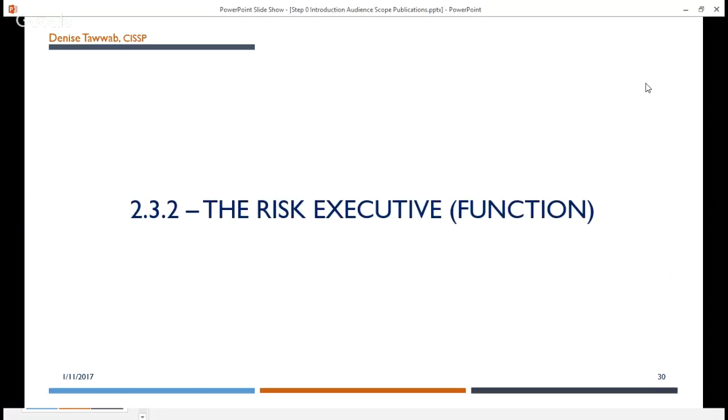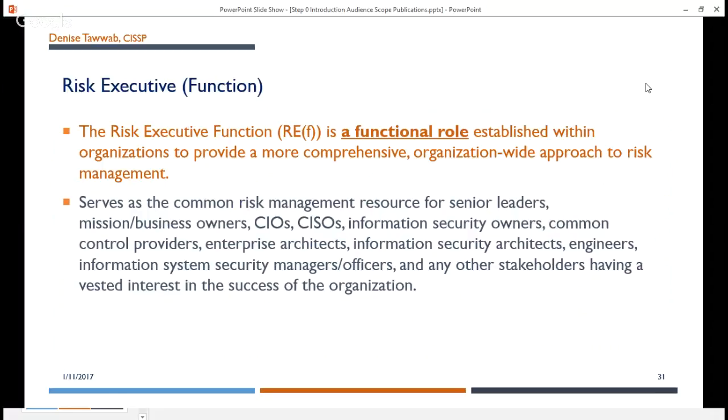Okay, let's talk about the risk executive function. I mentioned it. Let's talk about what that is, because that is a NIST term. The risk executive function is actually a functional role established within organizations to give you a comprehensive and organization-wide approach to risk management.